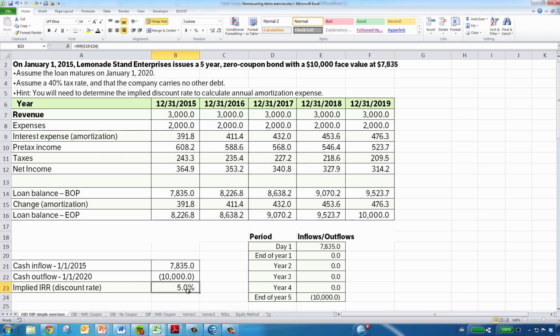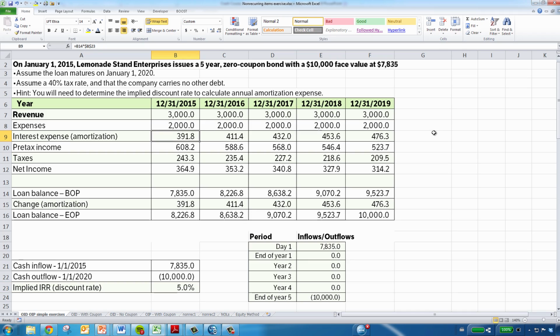Conceptually, what this represents is that if you issue something at $7,835 and 5 years later you have to pay $10,000, the internal rate of return on that is 5%. The lender is basically getting an implied interest rate of 5%. They're just not getting it currently. They're getting it at the very end, but on an annualized basis, they're looking at 5%.